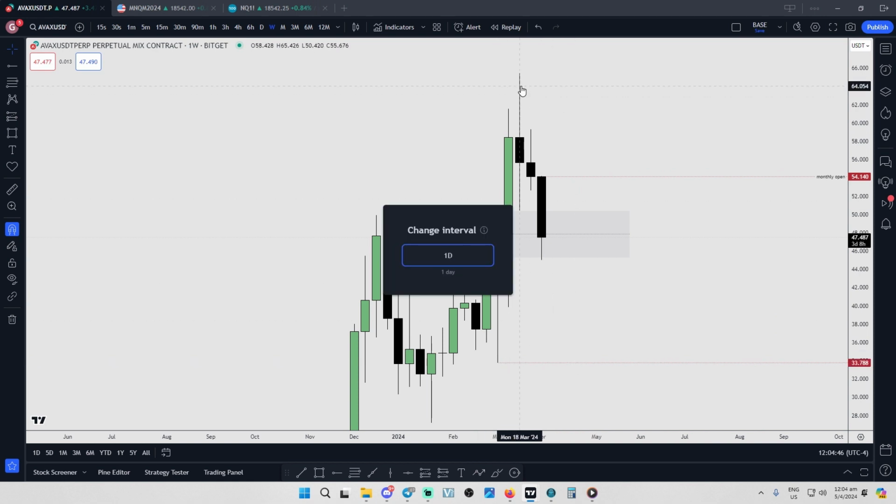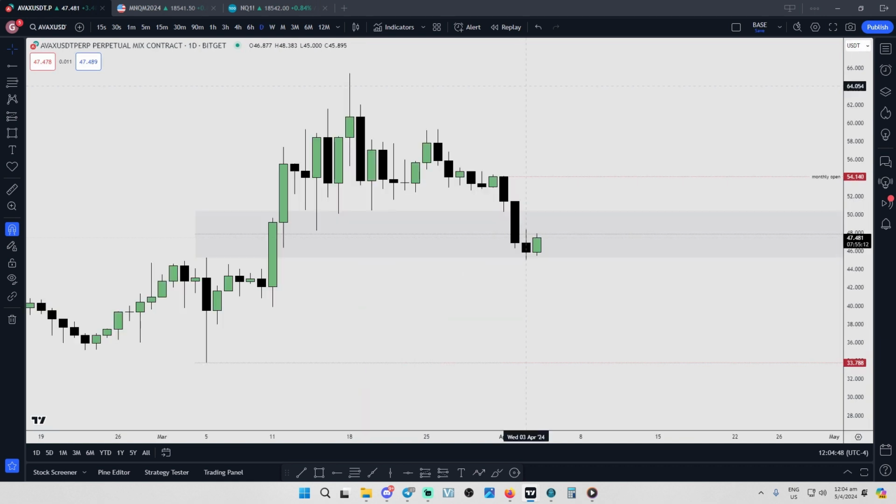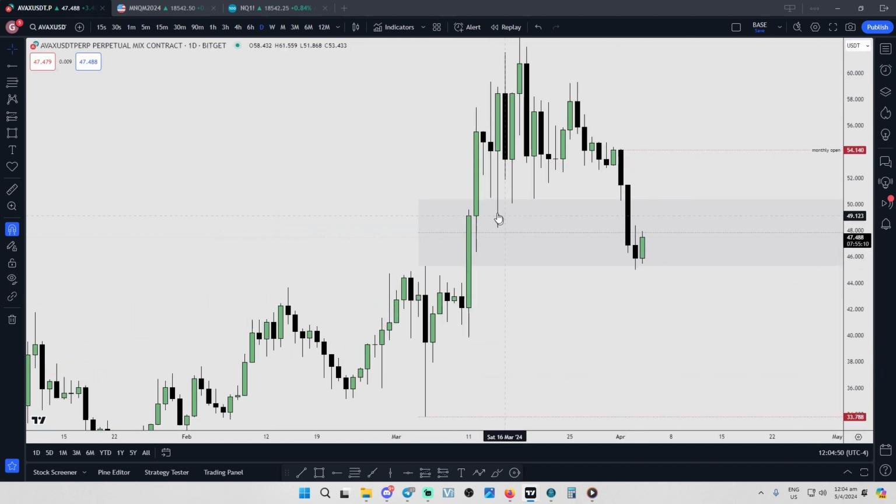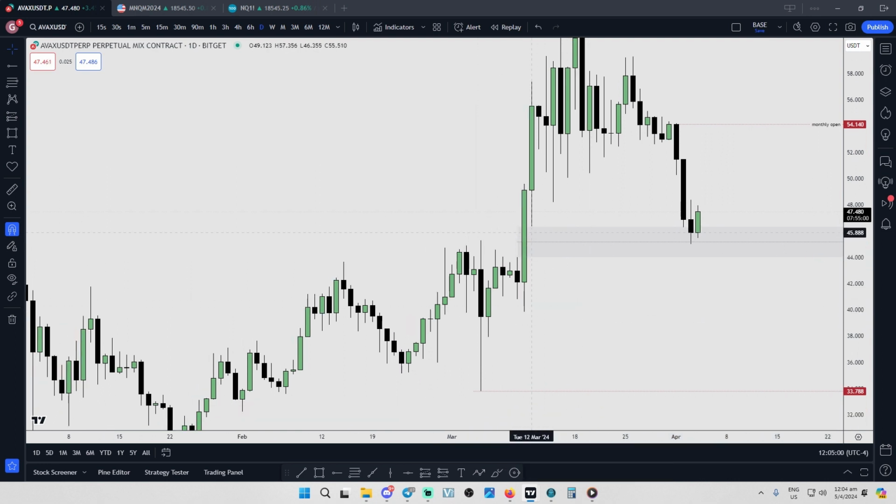Heading down even lower onto the daily time frame, you will see that within that BC there is a daily BC. So we're going to narrow down even further, and you look for swing lows on the daily. So you have swing lows down here.